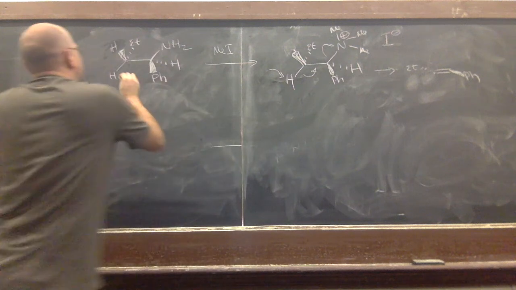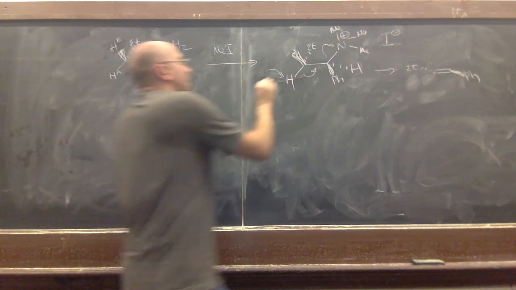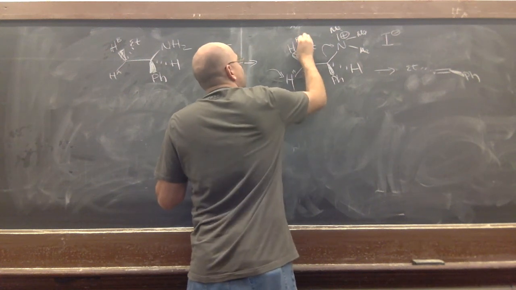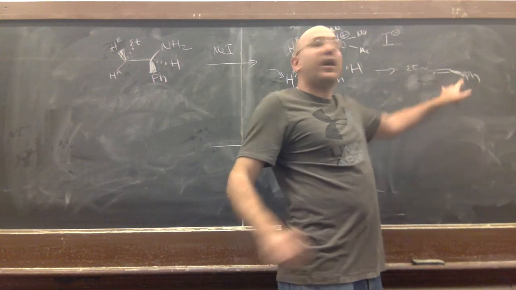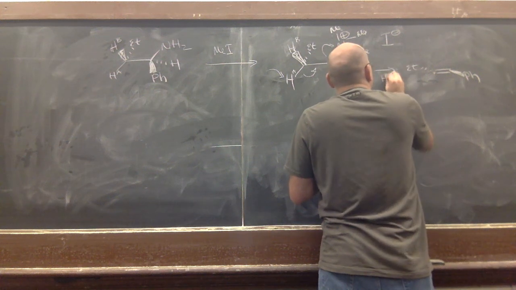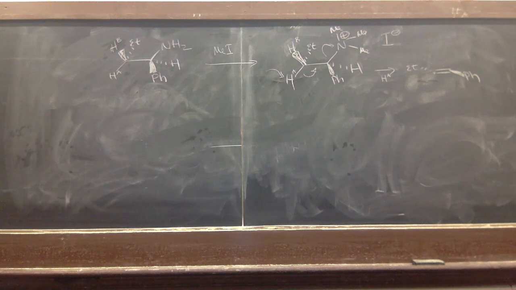We'll label these as HA and HB. And so the trans product is the product that would arise from HA. But Mike's question is, well, there's another proton there. You could also rotate around and have the other proton be at that position.